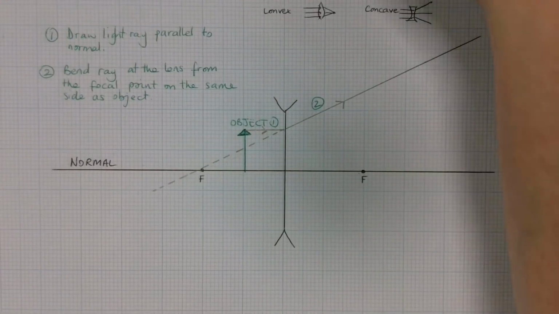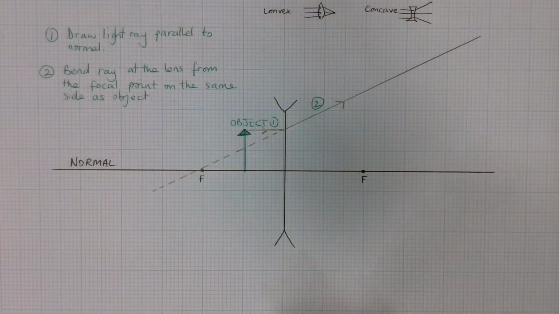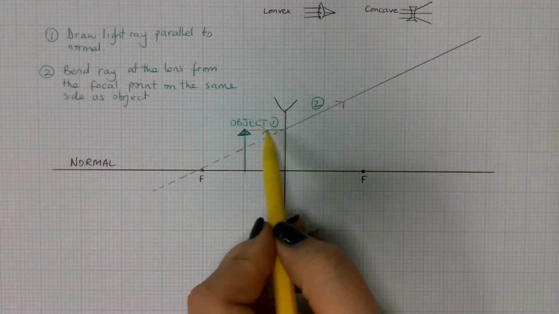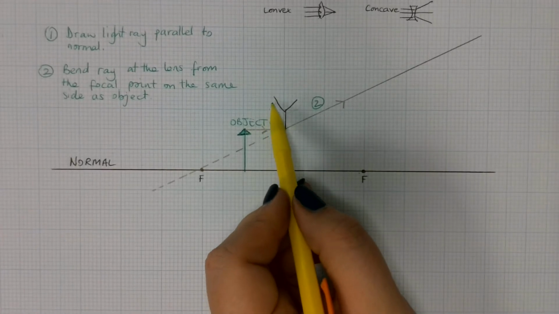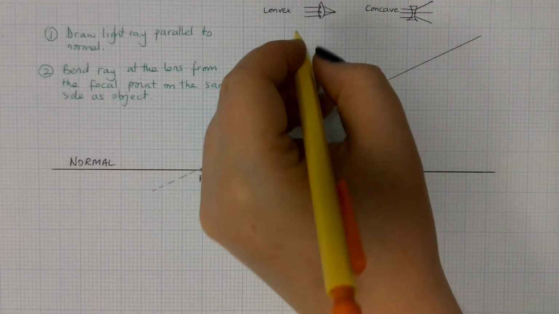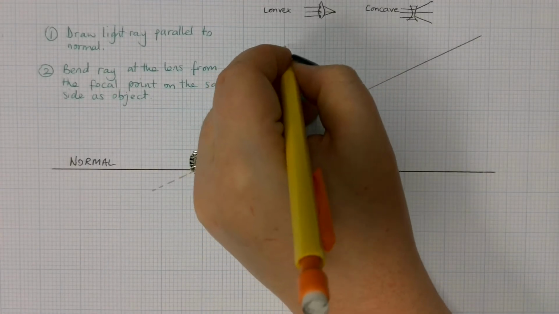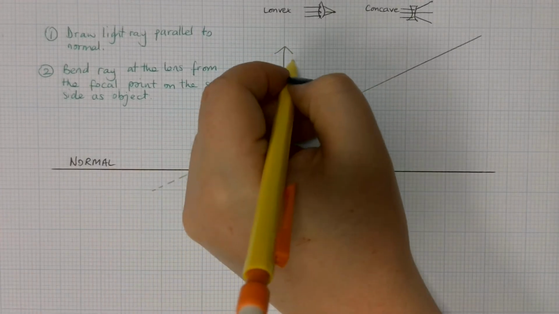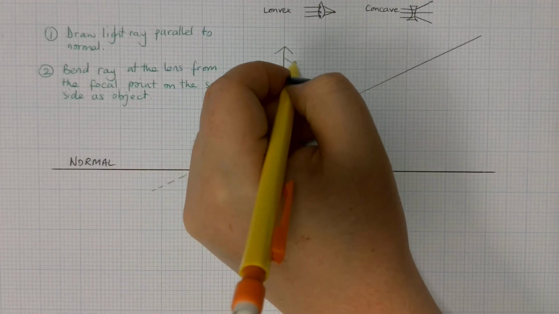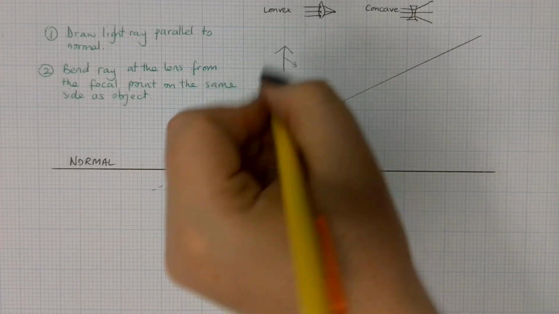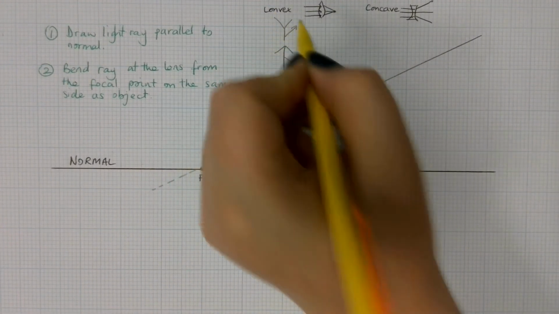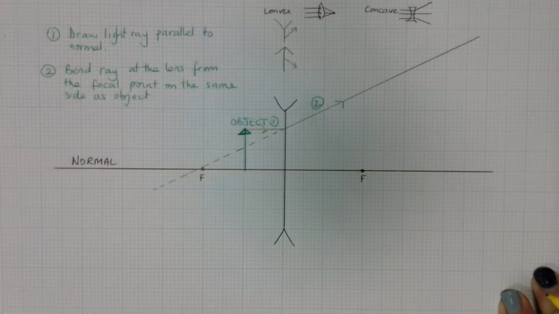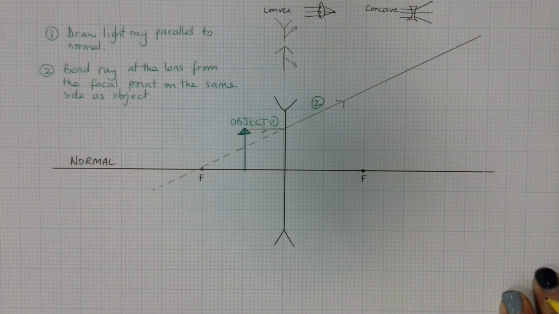Okay, now it's kind of a giveaway as to which way you need to bend the ray from the shape that you get at the top of the lens. So obviously if it was like that, then you're going to bend it in that direction, whereas this one is like this, so we're bending in that direction. So it kind of gives away by the shape of the lens.